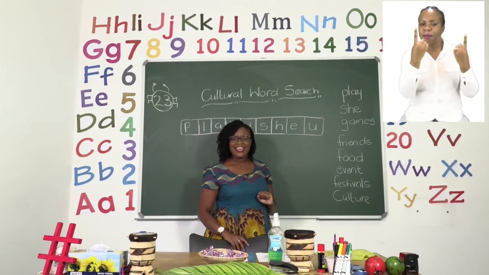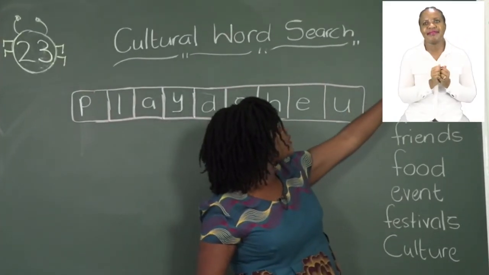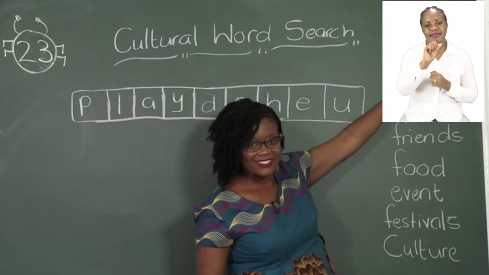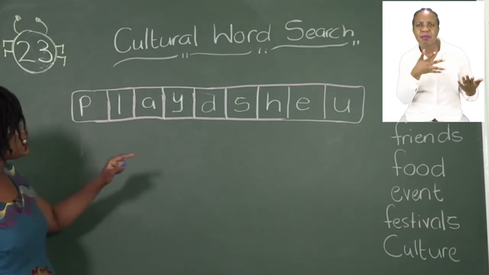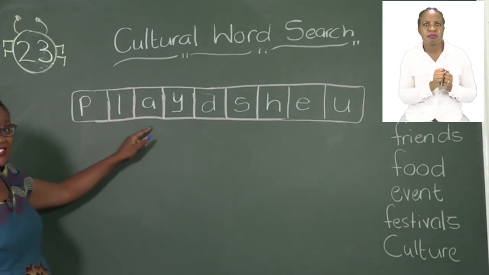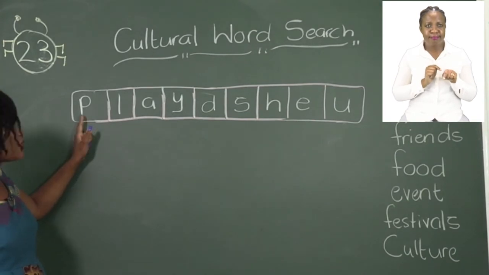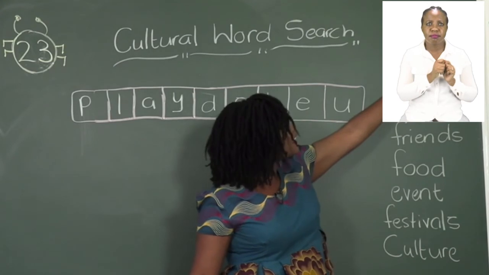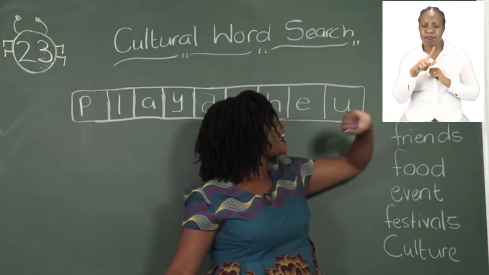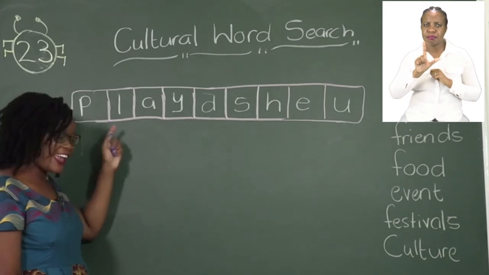Everyone, let's say play. Now, we're going to try and find the P first. So, if we look at our board, this is the bottom part of the word search. As you can see, we have our P. So, if our P is there, then we have our L, then A, Y. So we have found the word play.